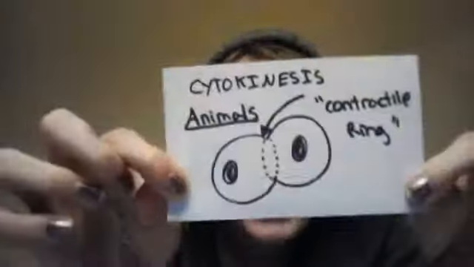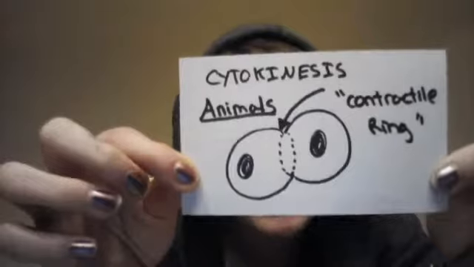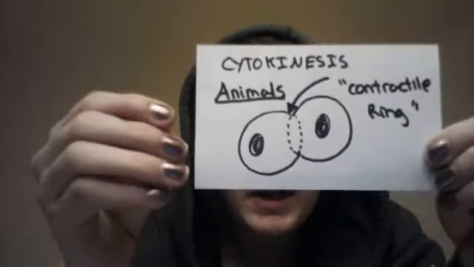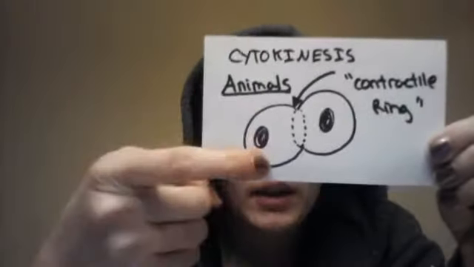Alright. So really quick though, before I wrap this up, there is something really important to know about cytokinesis. Cytokinesis does happen in all cells that divide mitotically or by binary fission. It doesn't matter. Ew, there's something in my hood. But they do it a different way. In animal cells, they go about it with a contractile ring.